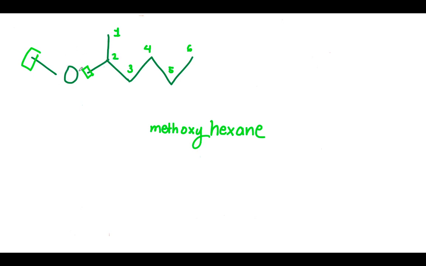So this oxygen is attached to carbon number 2 on the longer chain. So this would be 2-methoxyhexane. So the numbering comes all the way at the front, but it is connected to the longer chain. So you want to make sure that you get that correct.